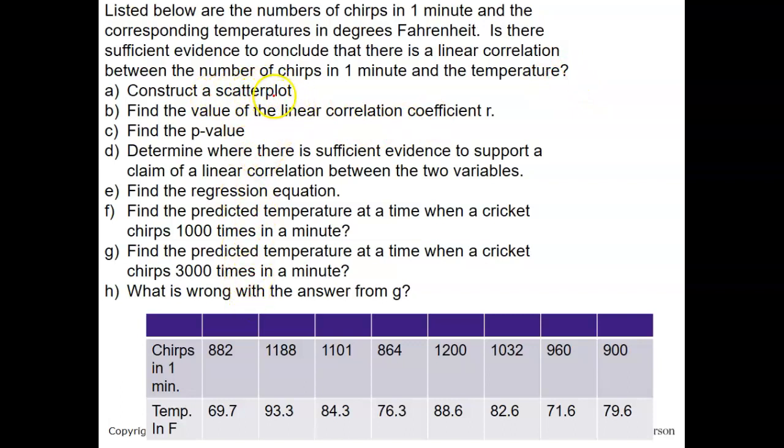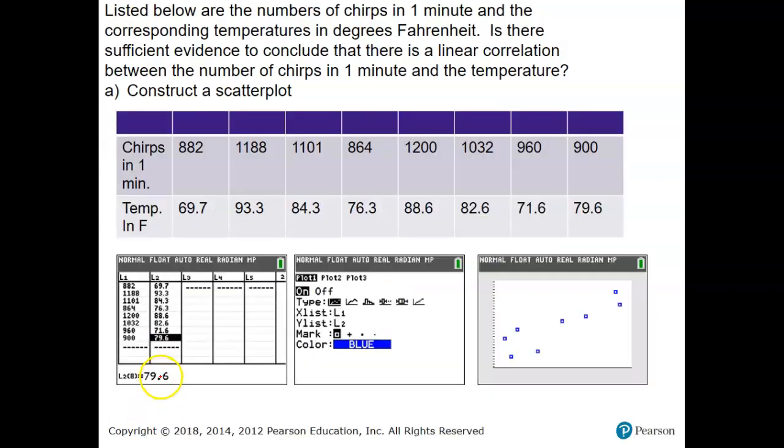The first one I want you to do is to construct a scatter plot. If you feel like you can handle these questions, then go ahead and pause the video and try it. If not, then just go with me as I go through this one. To construct our scatter plot, we're going to put this in for L1, and this in for L2.